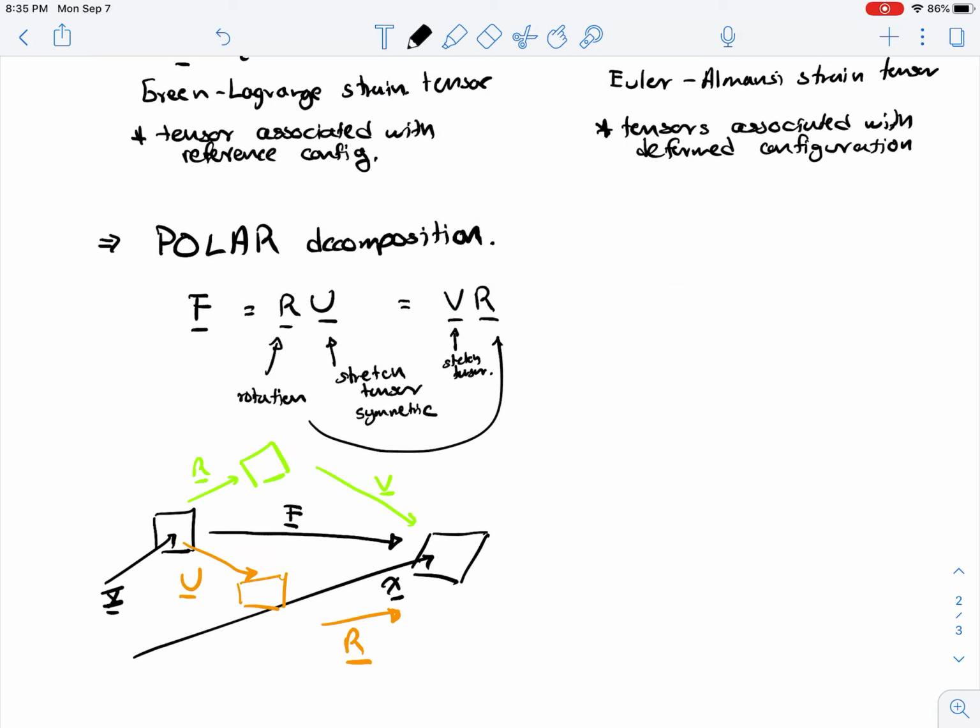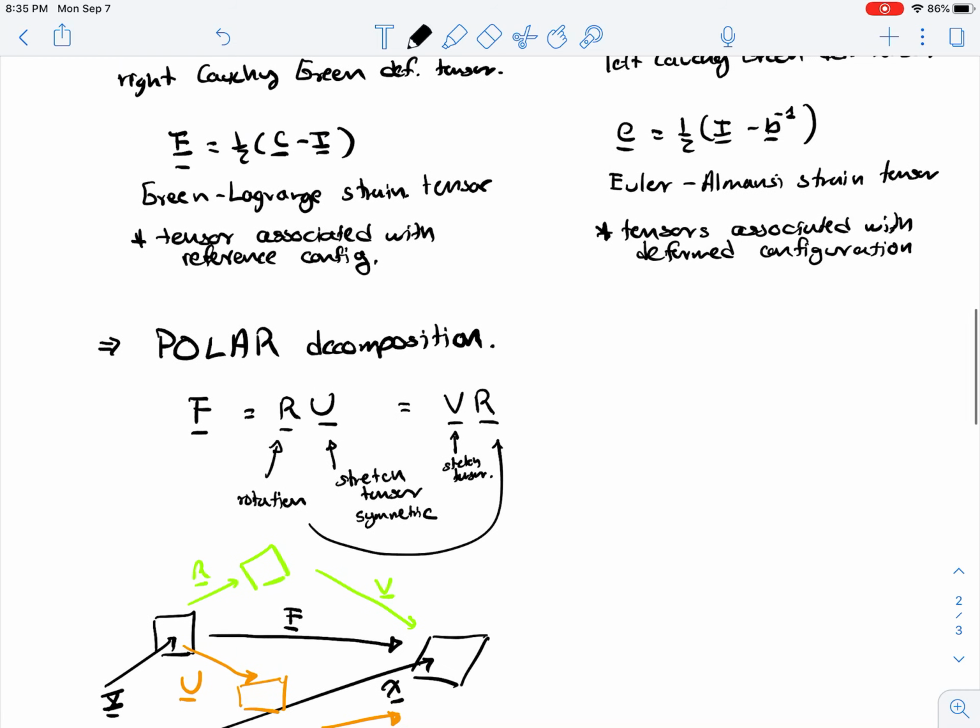That's basically what the polar decomposition means. So there's some rotation involved. You can first stretch a square and then rotate it, so you get this final quadrilateral, or you can first rotate it and then stretch it, and you will get to the same place. So that is the polar decomposition.